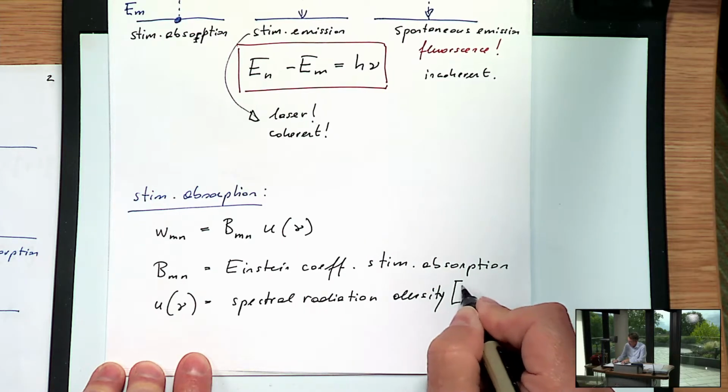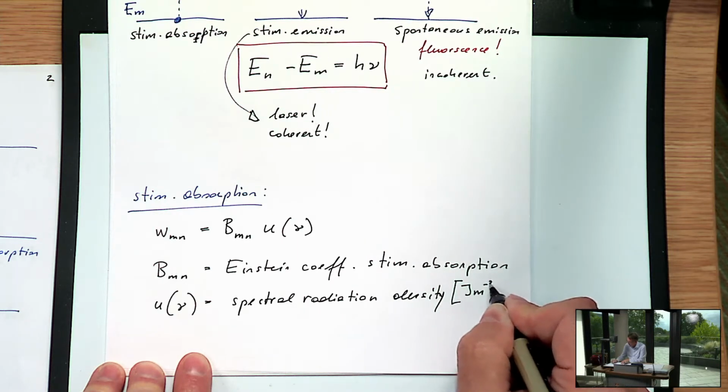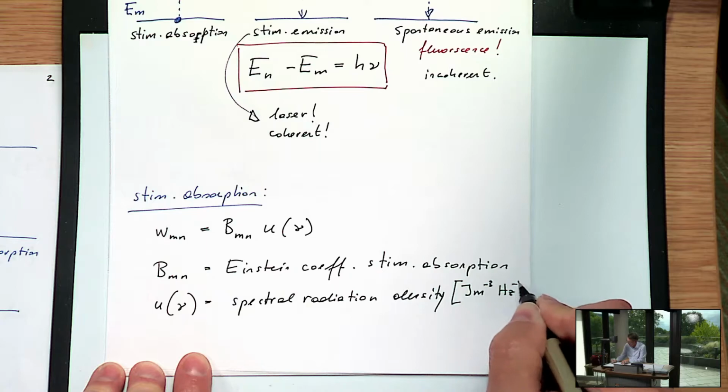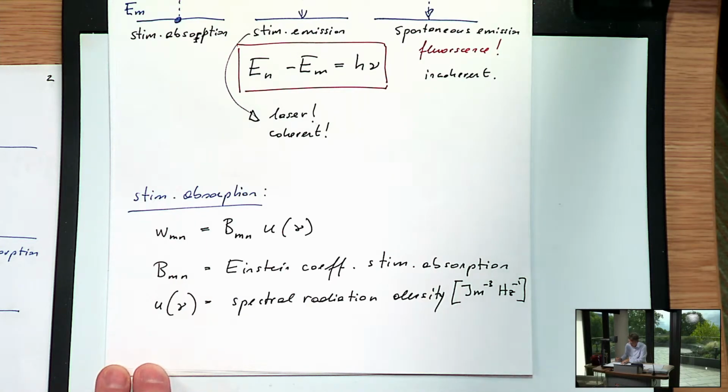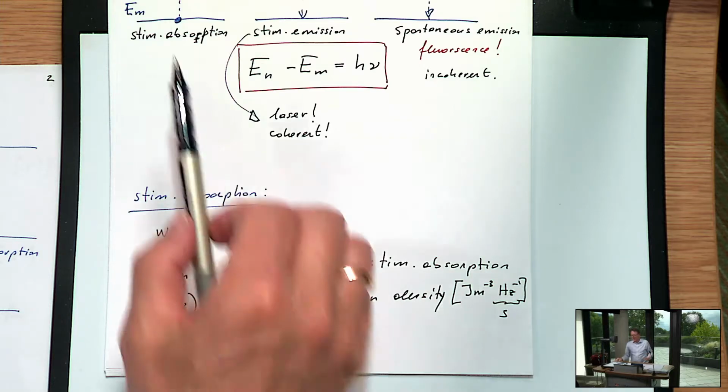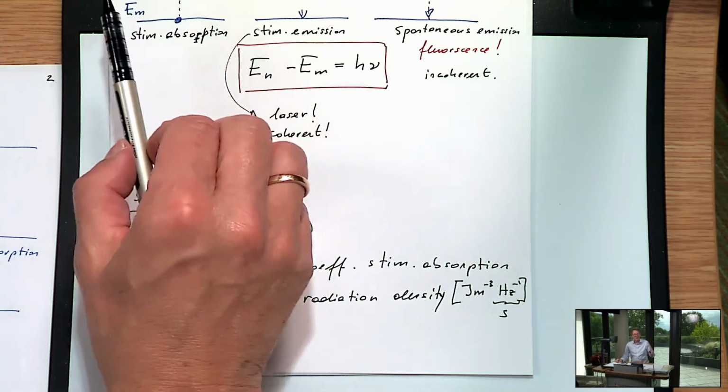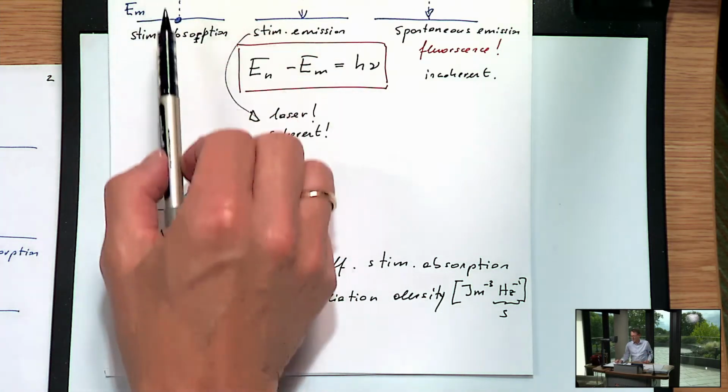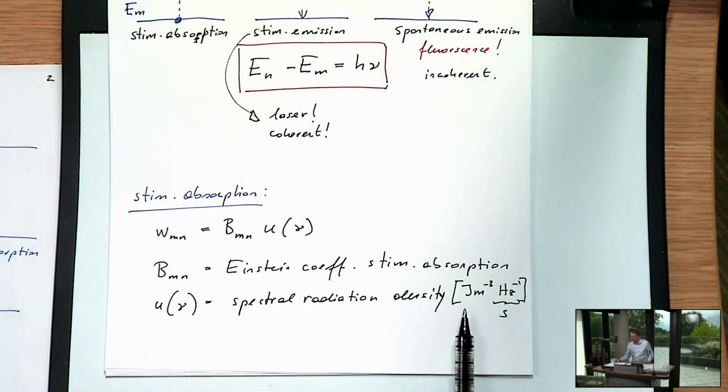and it has units of joules per cubic meter per hertz, and per hertz is the same units as seconds. So what this means is, it essentially tells you, if the light field that consists of many photons shining onto the sample for excitation, it will have an energy in a unit volume.